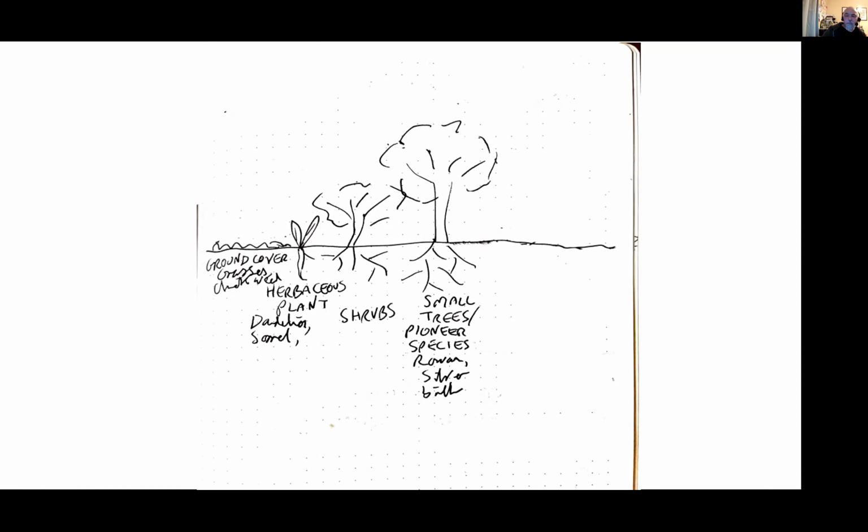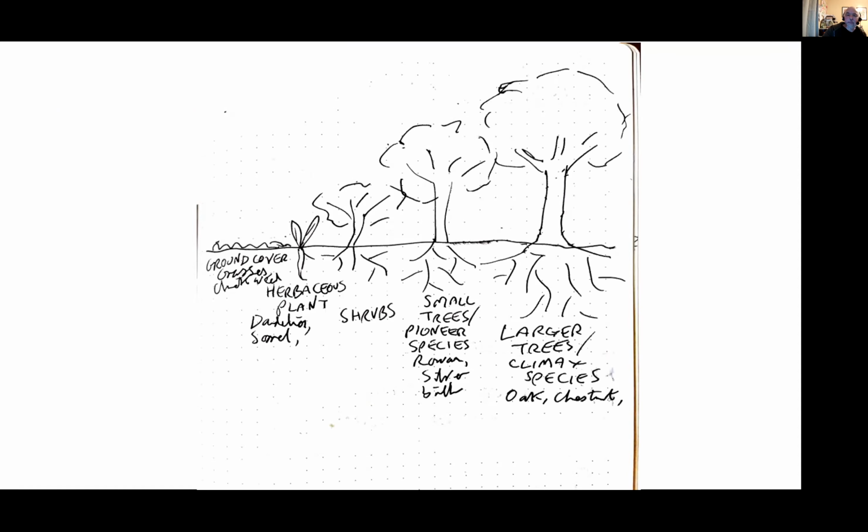And over time, these will give way to our larger trees, what we call the climax species. So they're larger trees that tend to be longer lived.